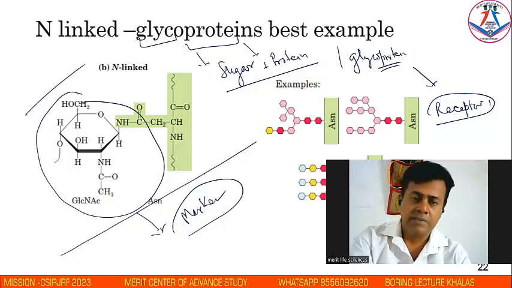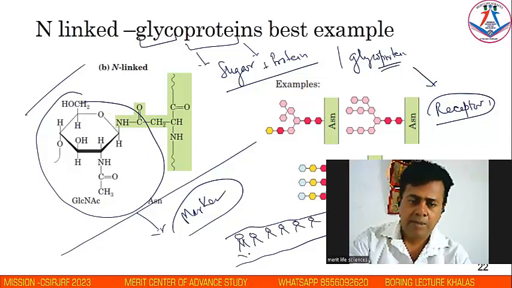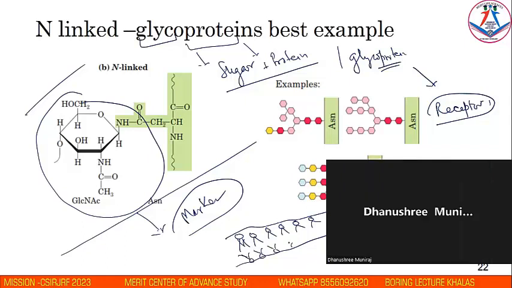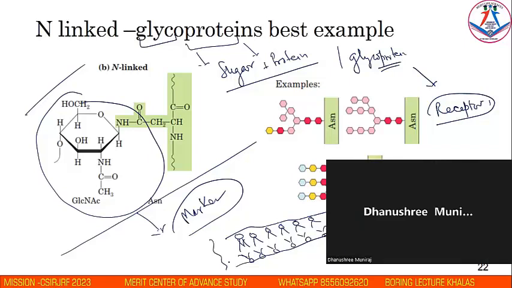In this receptor, you might know there is a membrane structure. Membrane structure is made up of, tell me, hydrophobic head and hydrophilic tail. Exactly, it's called a lipid bilayer, phospholipid bilayer.